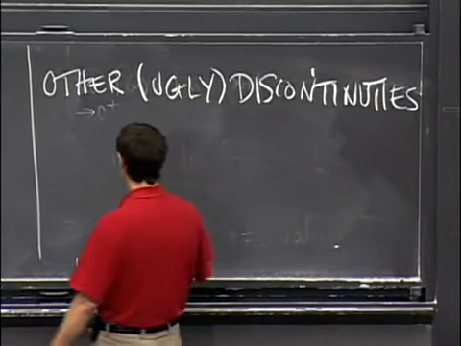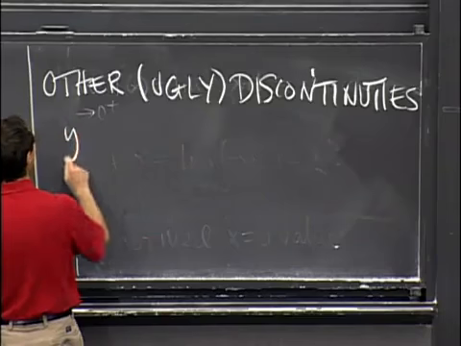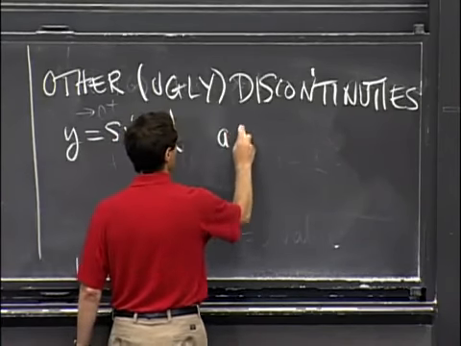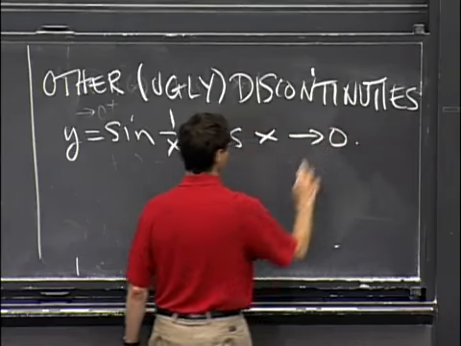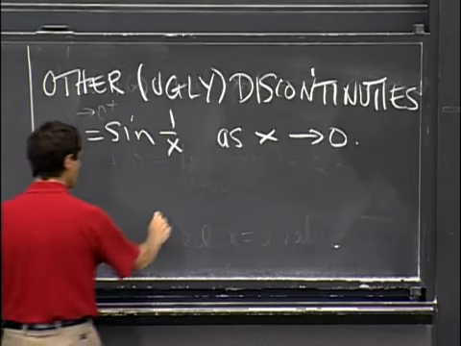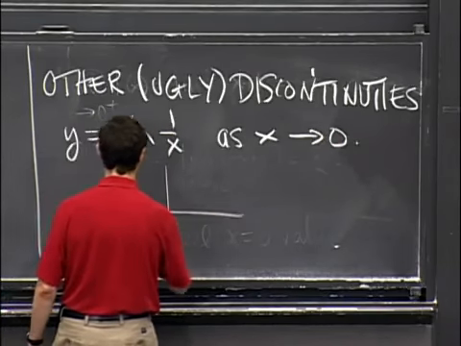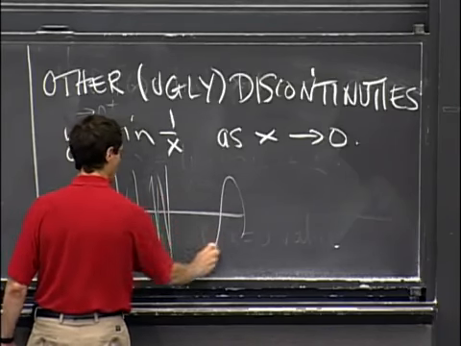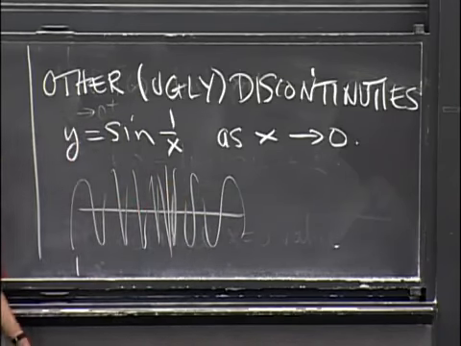So one example would be the function y equals sine 1 over x as x goes to 0. And that looks a little bit like this. Back and forth and back and forth. It oscillates infinitely often as we tend to 0.